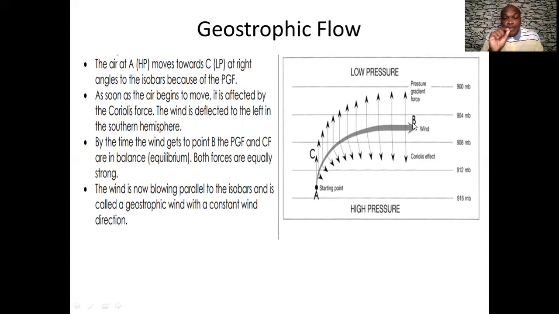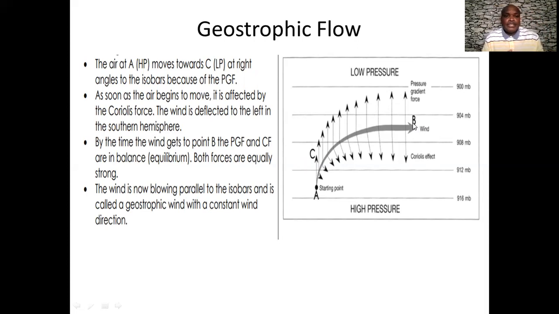At B, the pressure gradient force and the Coriolis force are now in balance, or we can say in equilibrium. That is why we have the geostrophic flow, where the air is moving parallel to the isobars.